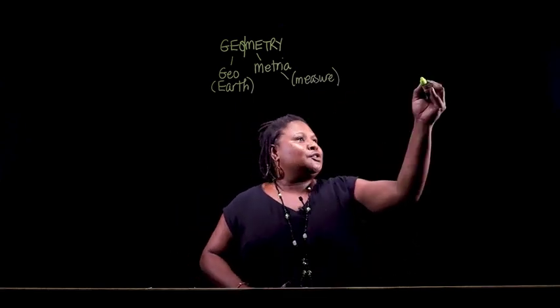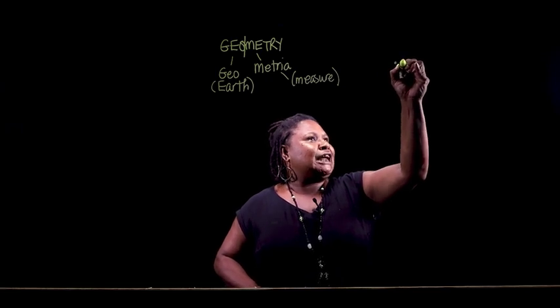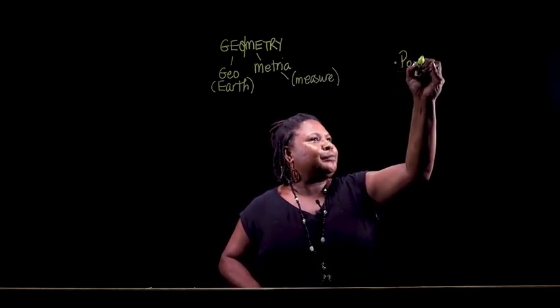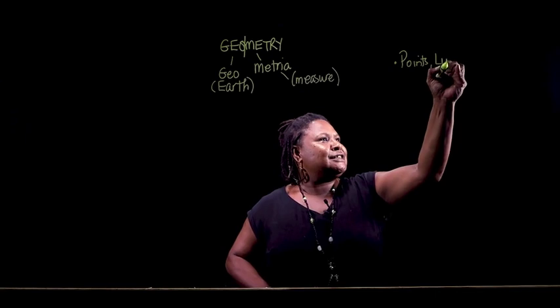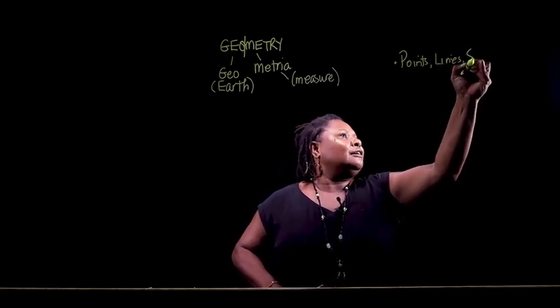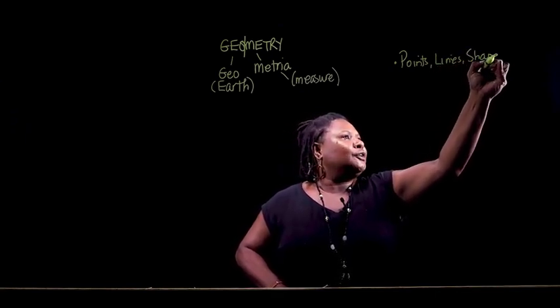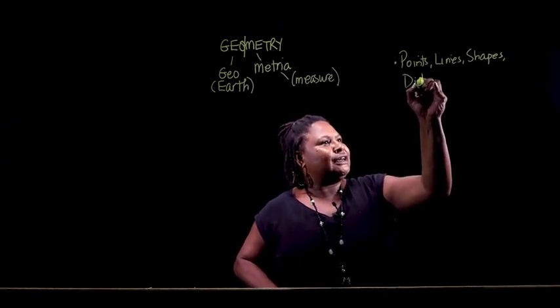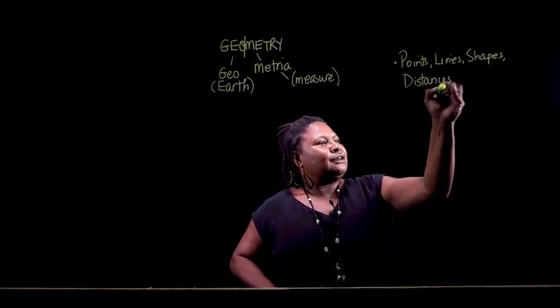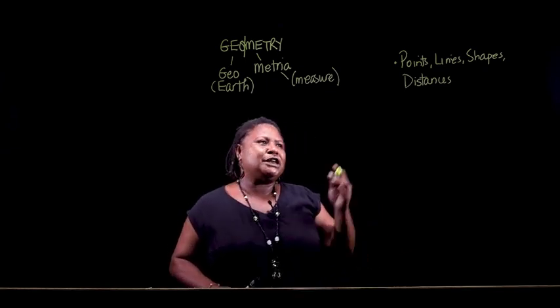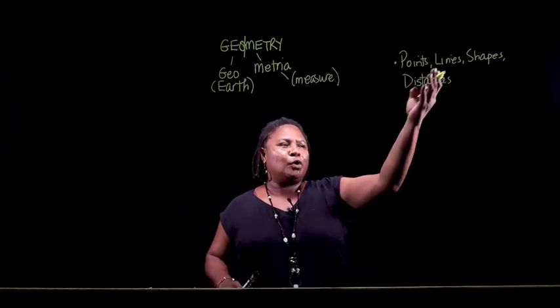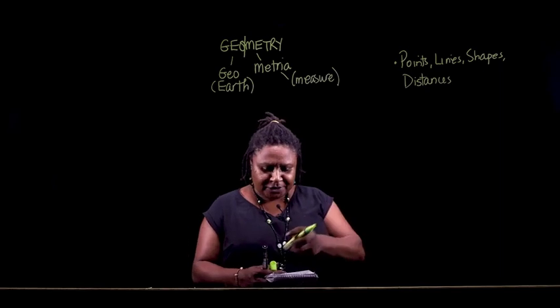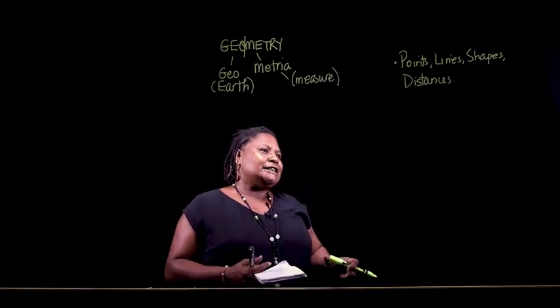Geometry is really the study of points, lines and shapes together with distances. So when we talk about geometry, these are the things we should think about: points, lines, shapes, and distances.